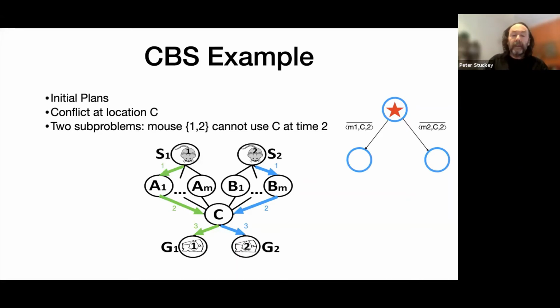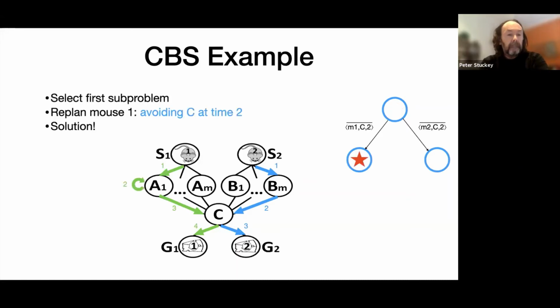And then we'll replan that mouse. Here we can replan the mouse: it goes to A1 and waits a turn, so it just stays there. Then it goes to C at time 3, and then it goes to G1 at time 4. You can see we've removed the conflict, and we've actually found a solution. And if we did the same on the other branch, we would find a solution by delaying the second mouse.